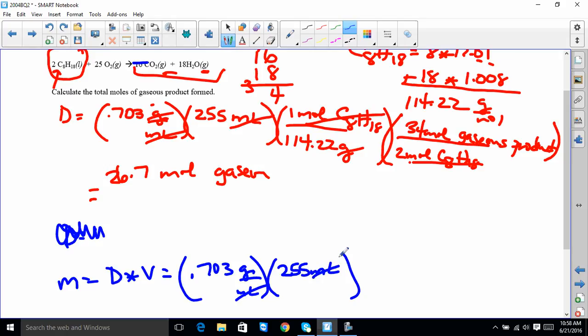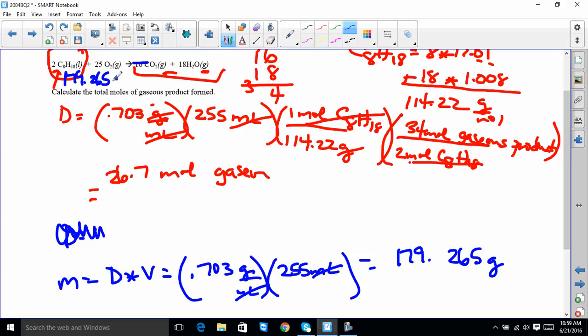Don't round. This is an intermediate. On my calculator, 0.703 times 255 ends up being 179.265 grams.